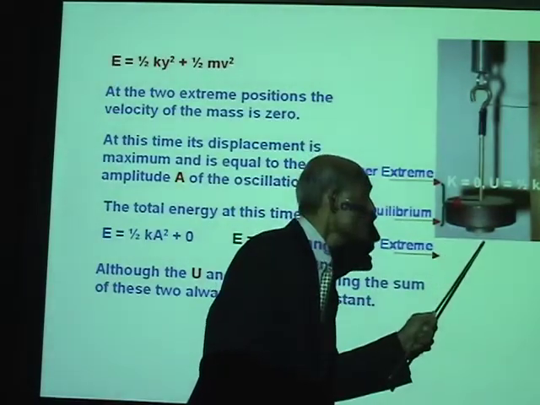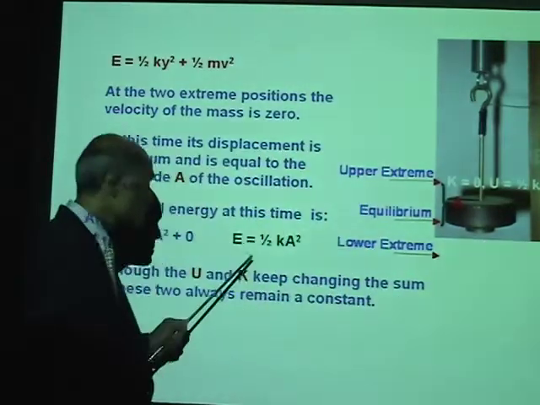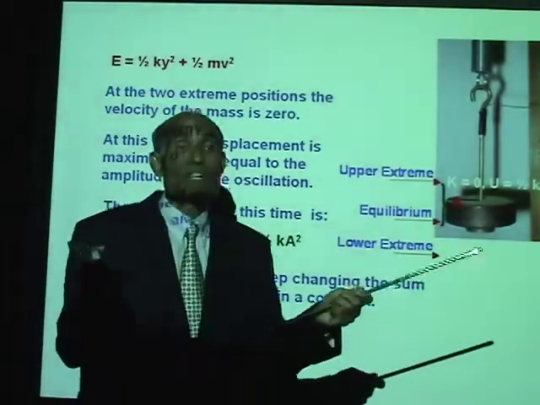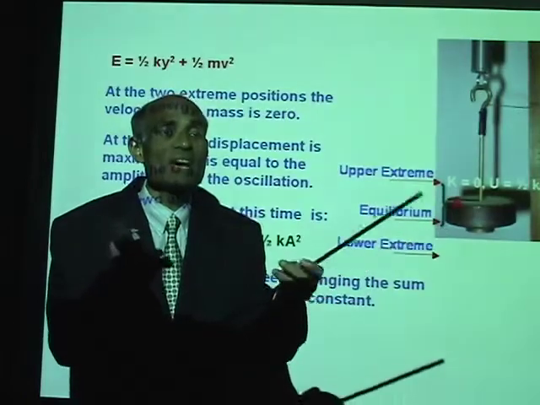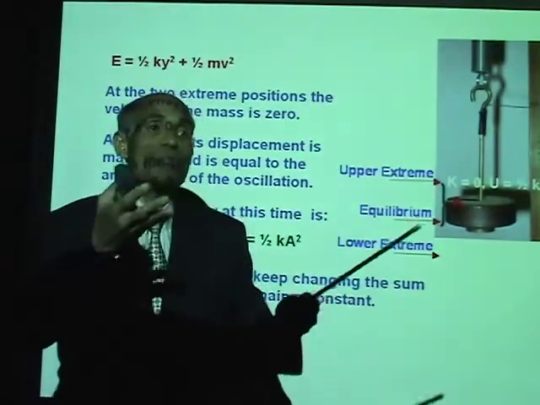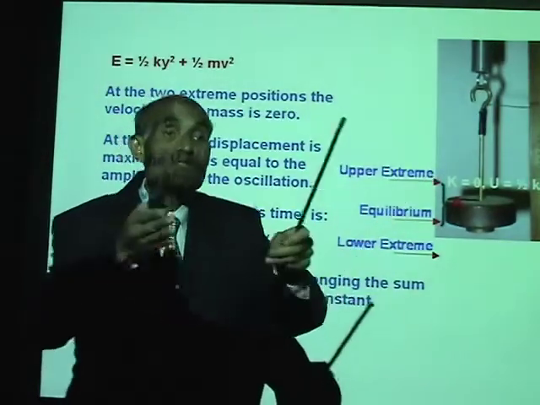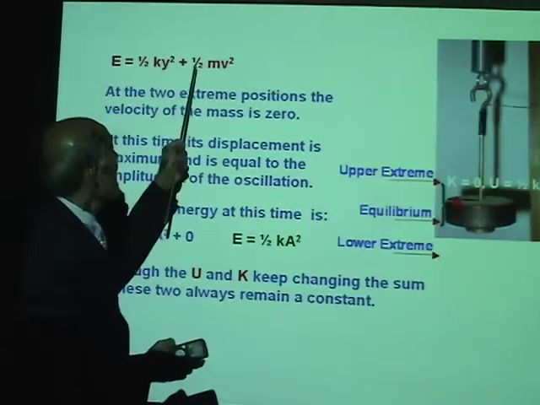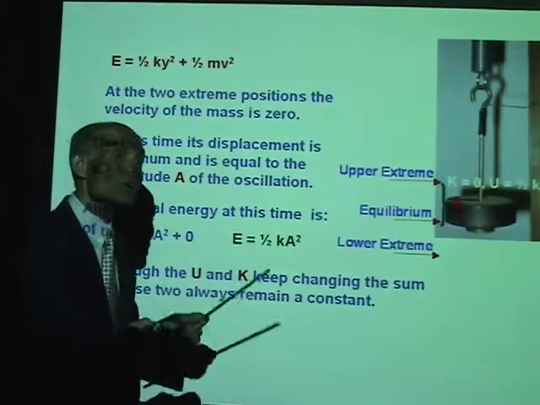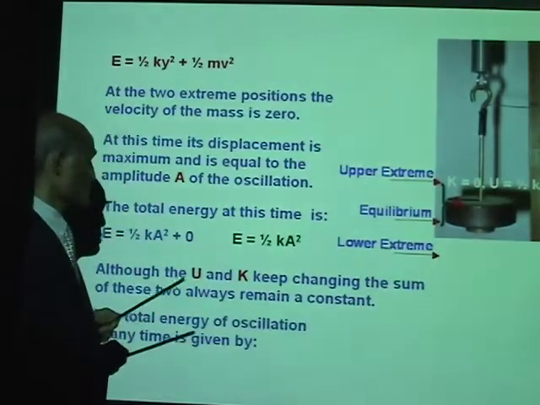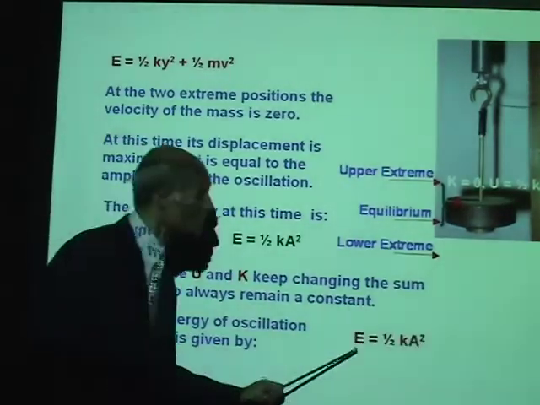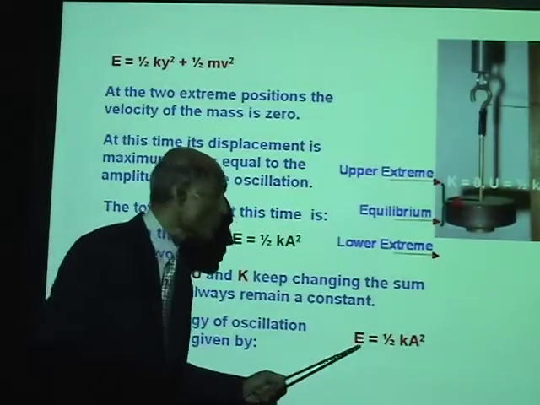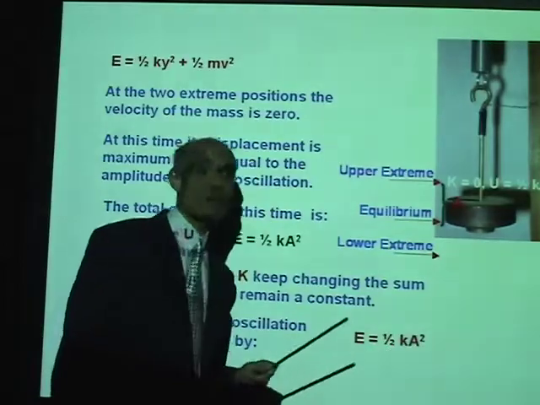When the object is here, its total energy will also be 1/2 k a squared. Why? Because the conservation of energy tells us that energy can be changed from one form to another, but the total energy has to be a constant. The potential energy and the kinetic energy can change, but the total energy will not change. That means the total energy of a simple harmonic oscillation is 1/2 k a squared.